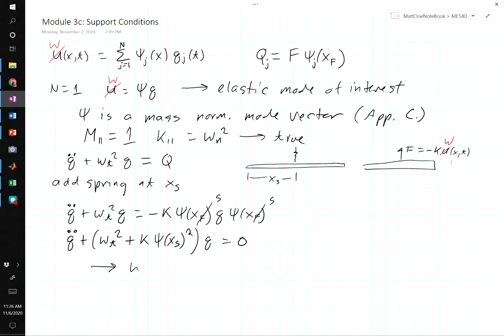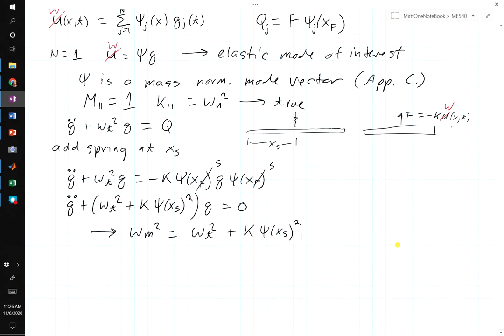So now we can immediately say that our measured natural frequency squared is the true natural frequency squared plus k psi xs squared. All right? So this is very much like our simple formula that we had in the notes.